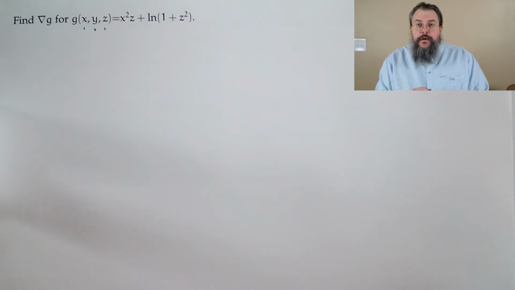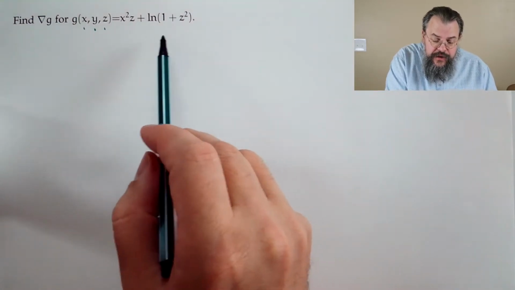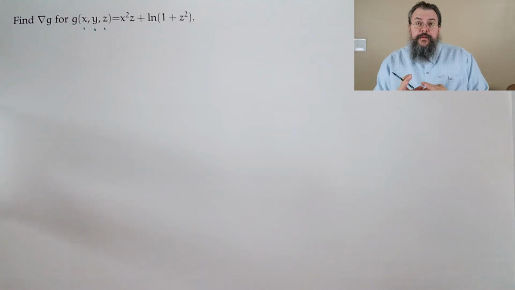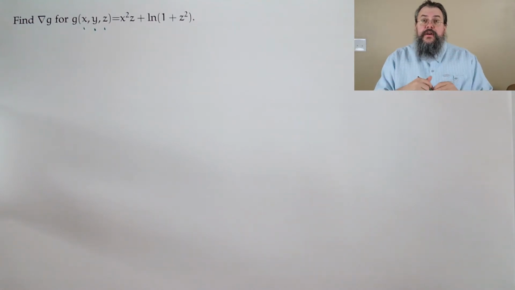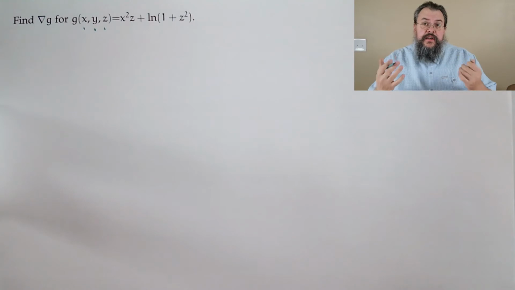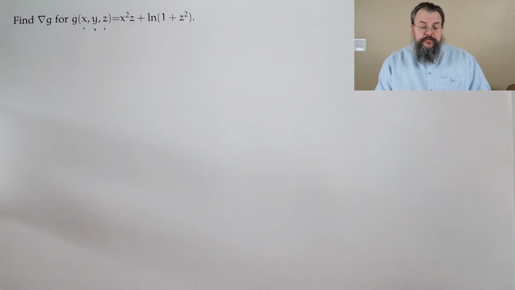You might say, hold on, you said there are 3 variables, I only see 2 showing up in the output. The number of variables that we say our function depends on is how many inputs there are. So since there are 3 inputs, it's a 3 variable function. It just happens that one of the inputs is not used in producing the output. But we still have to pay attention to it.